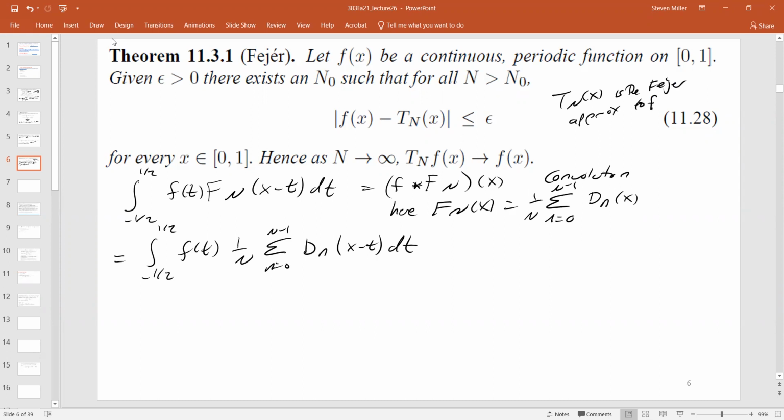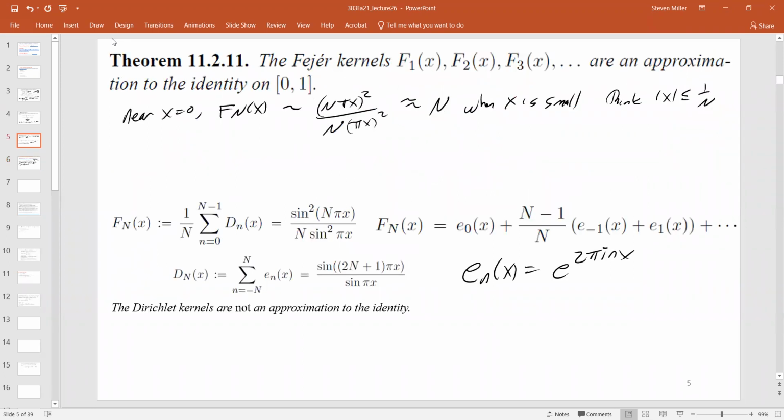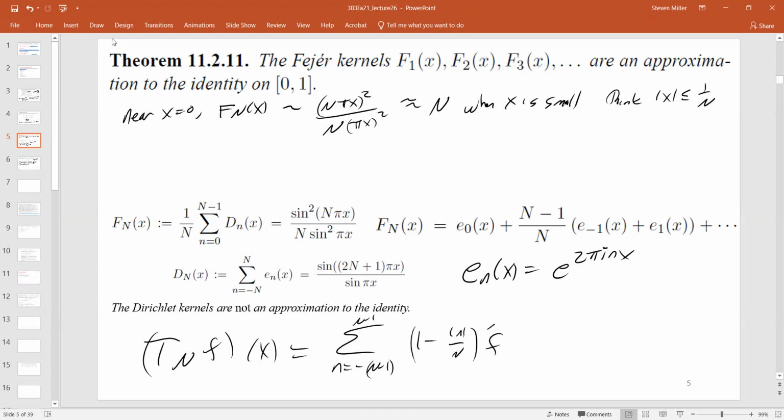Right. Well, here's the thing. Fn is the sum. So Tn f of x is the sum, n goes from minus (n minus 1) to n minus 1, of 1 minus the absolute value of n over n, times f hat of n, times e to the 2 pi i n x. So this is going to be the nth Fourier approximation.